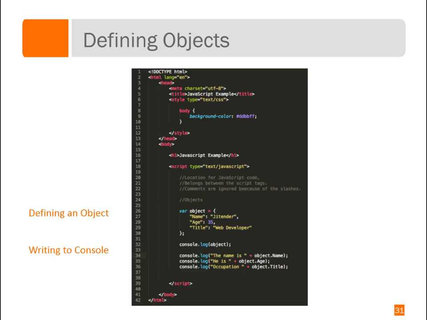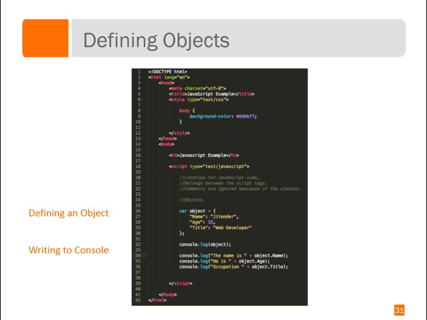Now let's go down to write these objects out to console. So first we have console log of object. So basically we need to read object into the console, and then we'll have 3 statements where we're writing these statements out to the console. So console log, the name is, and then we'll use object name, and in this case we expect it to say it's Jatinder.